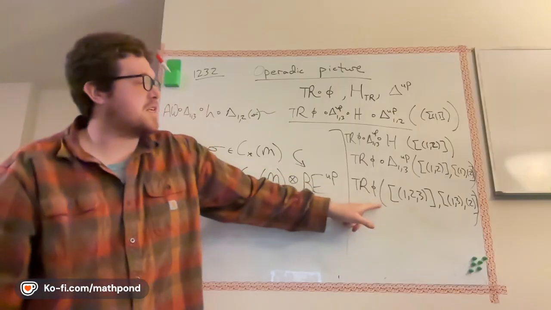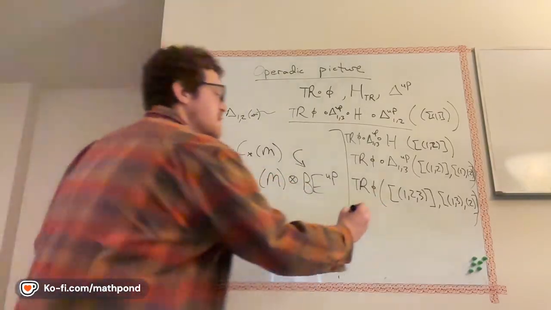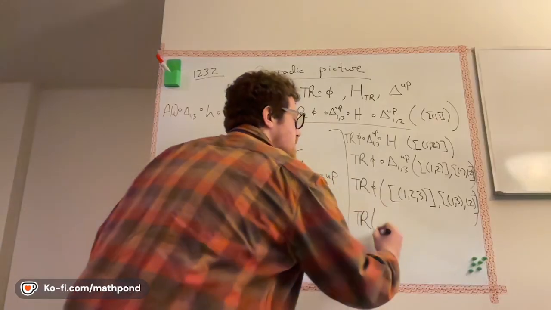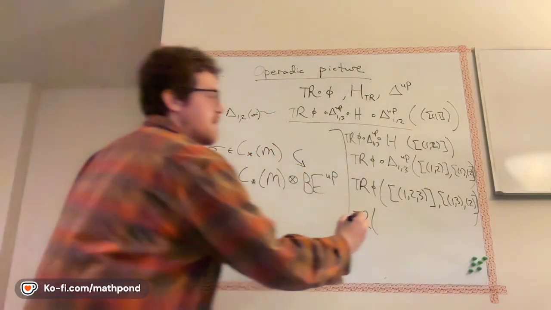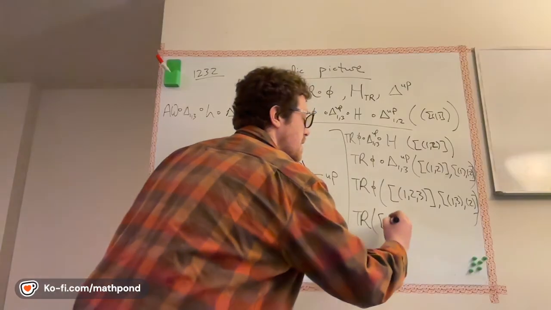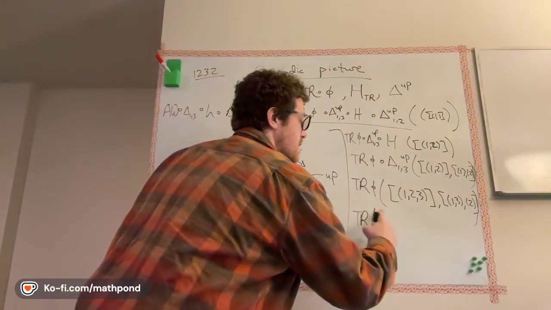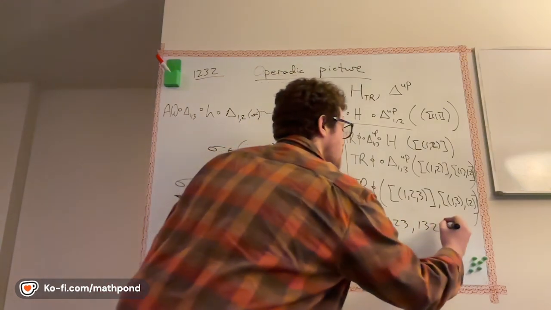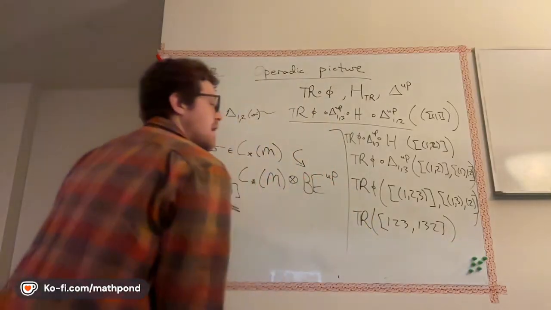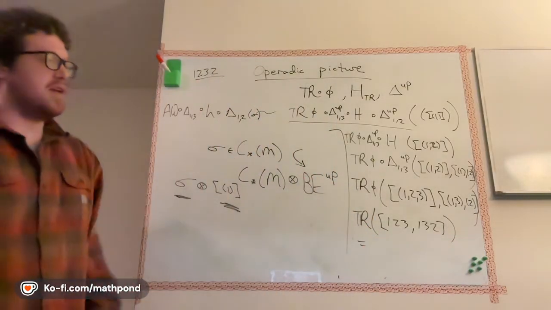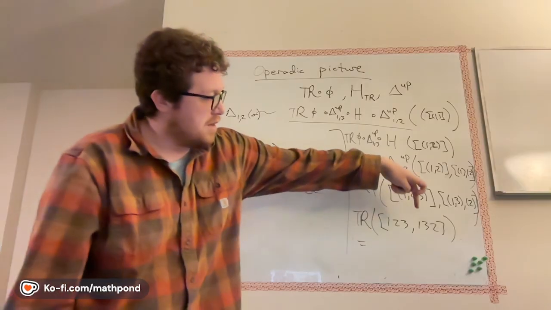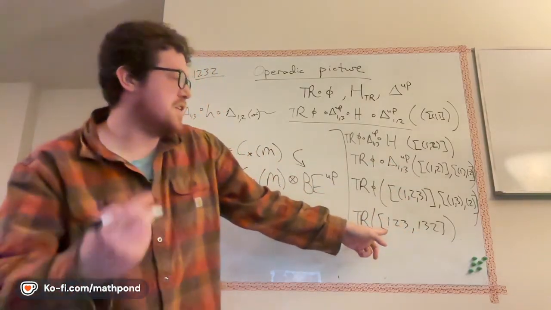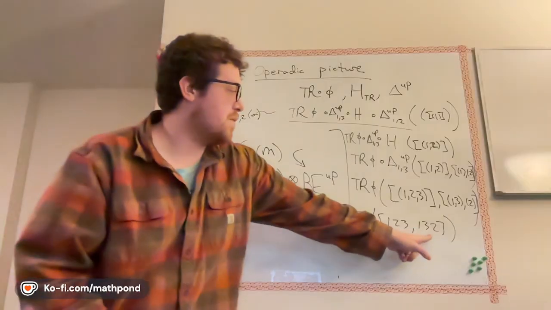So now I'm just getting normal elements of BE. So the solution should be the table reduction of this BE element, which is just 1, 2, 3, 1, 3, 2. And the table reduction you can check actually is, if you find all the degenerate ones, it would be 1, 1, 3, 2.